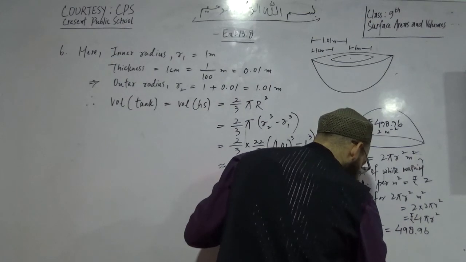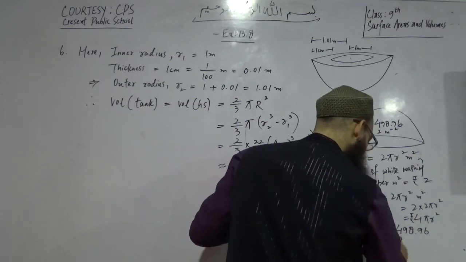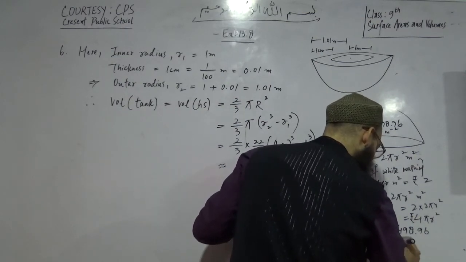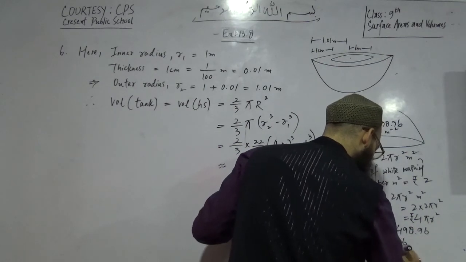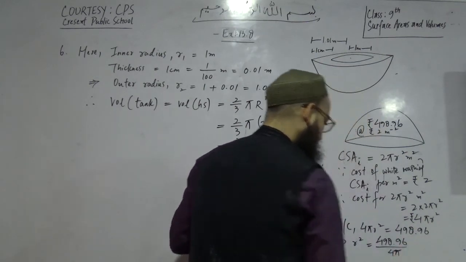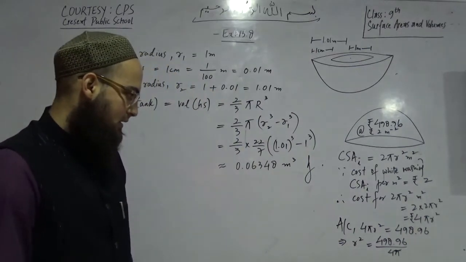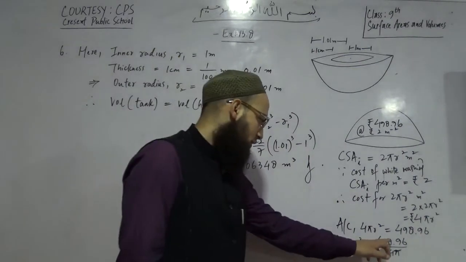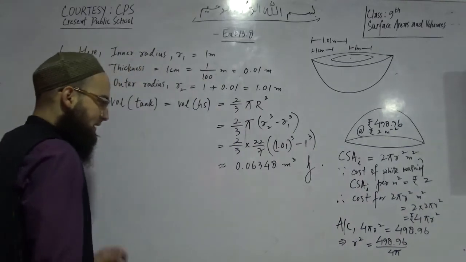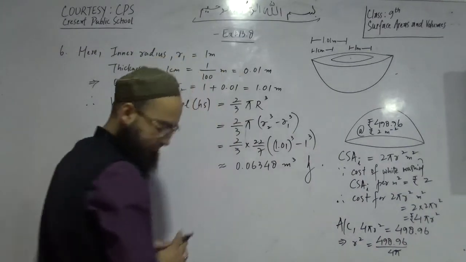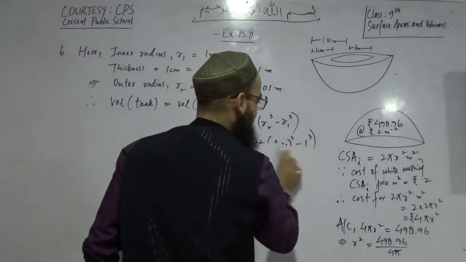In that case, you'll get r square as 498.96 divided by 4 pi. Got it? R square is 498.96 divided by 4 pi. Then let's drop this.